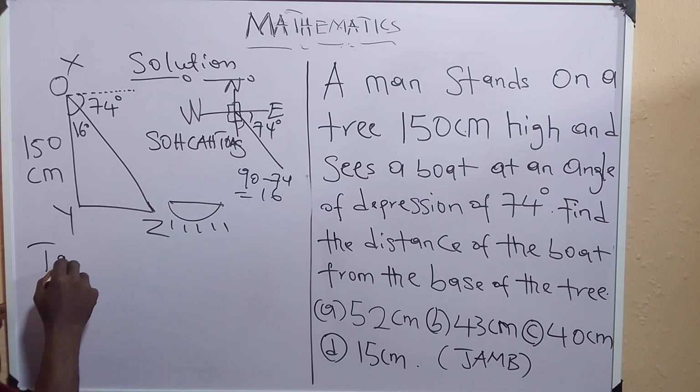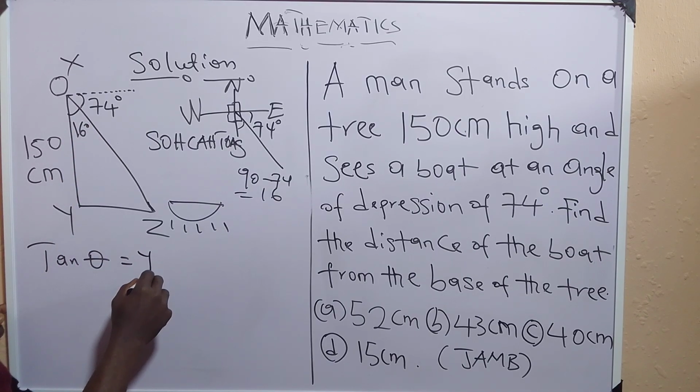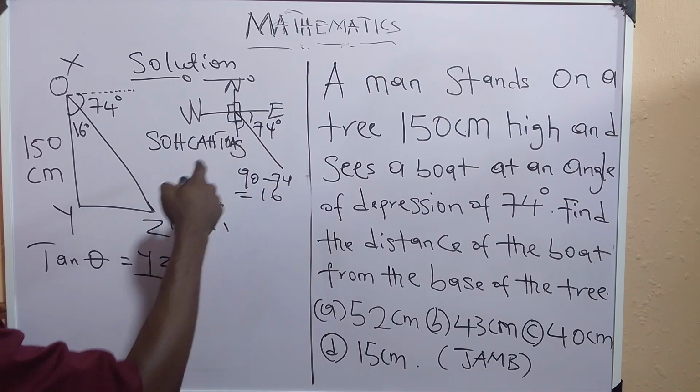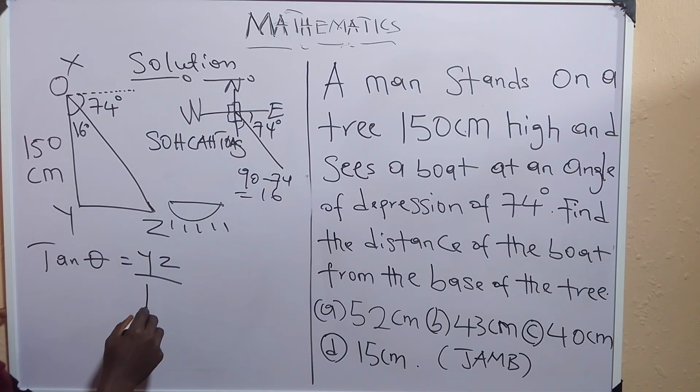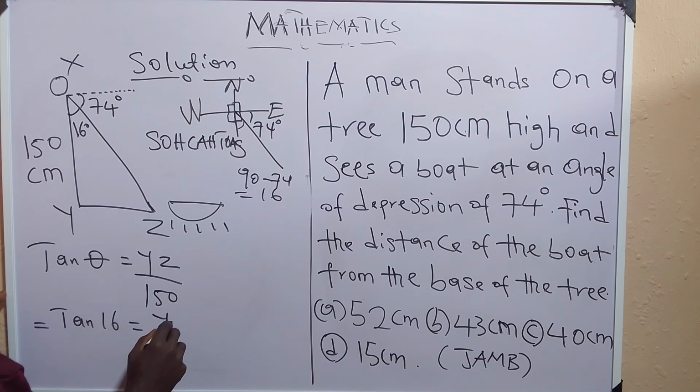We now say that tan theta is equal to opposite, YZ, which is not known, all over the adjacent. The adjacent is 150, it is given. So tan 16 is equal to YZ all over 150.